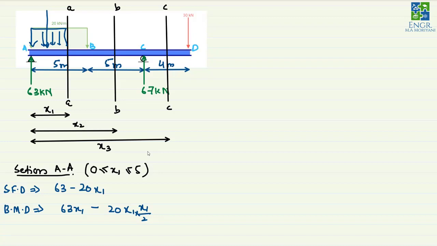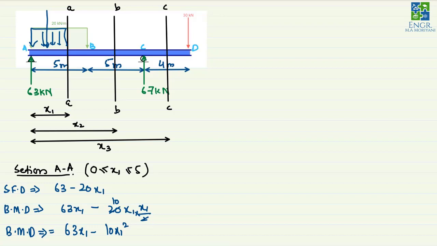This anti-clockwise moment is considered negative, so we have considered this as negative. So the final equation for this case, the 2 will be multiplied here, this will be 10, so this will be 63 x1 minus 10 x1 square. This is our final equation for the bending moment diagram for the region A to B.